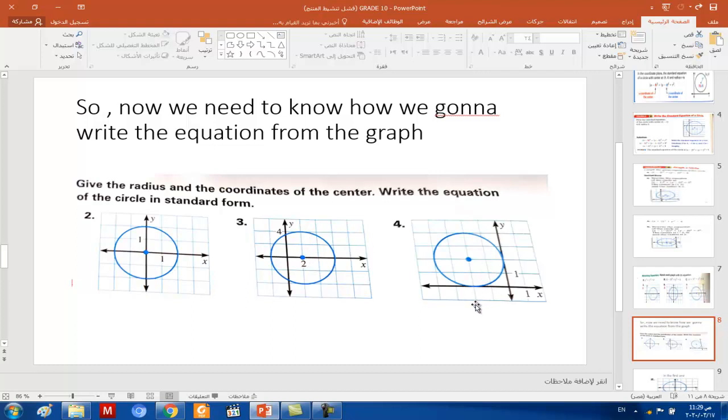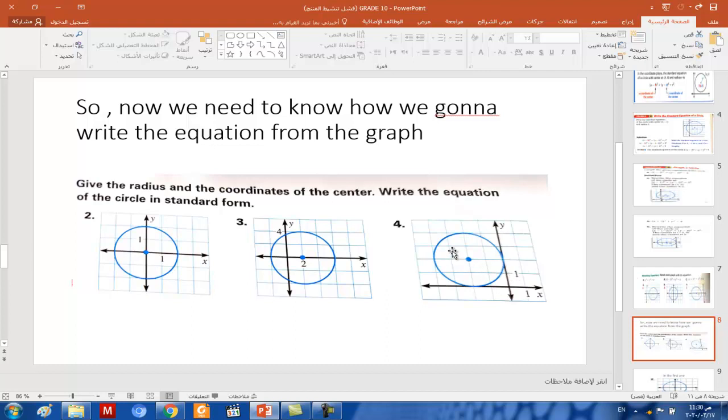And here the center is 1, but to the left, so it's negative, of course. In the third one, the x is negative 2, and in y, positive 2.